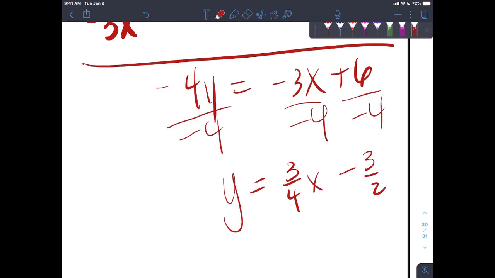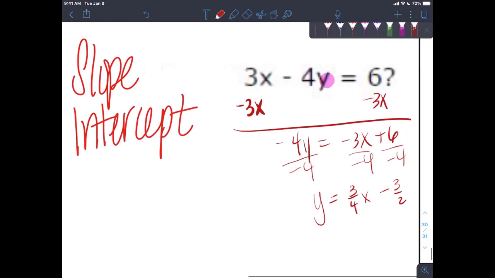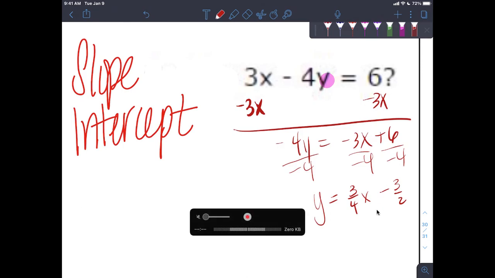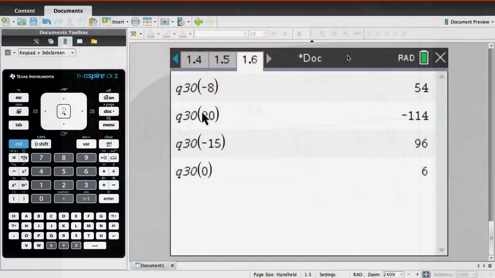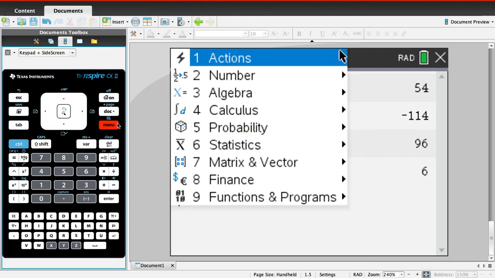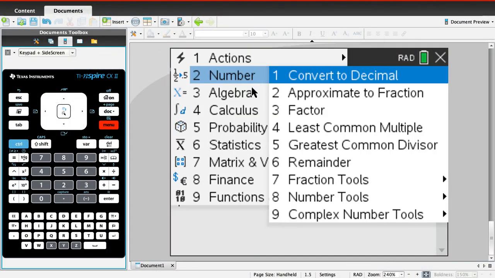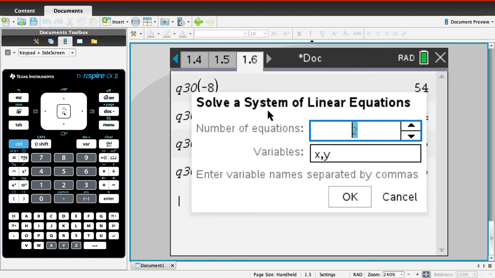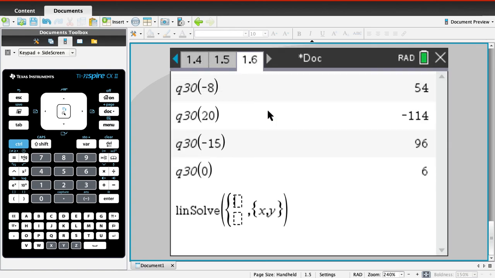However, I want to verify. Did I do this math right? Well, if I did, these are exactly the same, which means if I run a LinSolve on them, I should get a C for correct or infinite solutions, telling me those equations are the same. So I'm going to hit Menu, Algebra, Solve System of Linear Equations. I'm going to hit Enter.